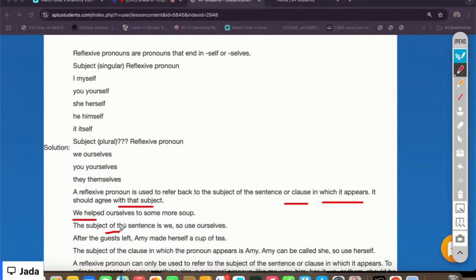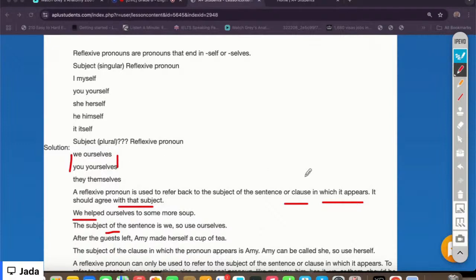You cannot just put a different subject and a different pronoun. For example, we cannot have we as the subject and then have themselves as the reflexive pronoun. It's not possible. This is the pattern it follows: we, ourselves; you, yourself; and they, themselves.